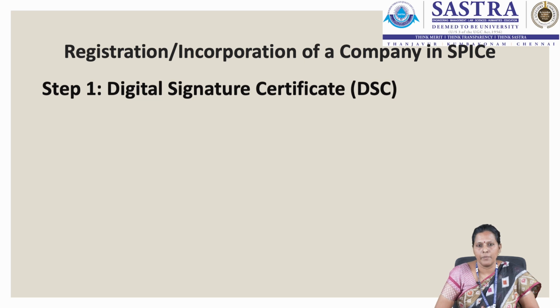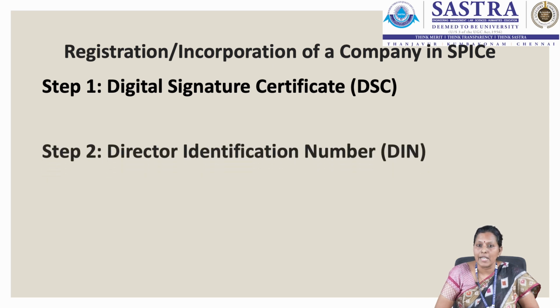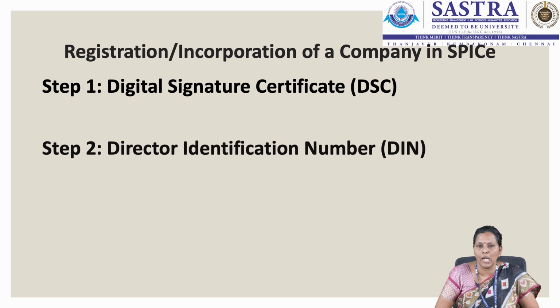And the subscribers to the memorandum of association, the directors, promoters and the witnesses should have class 3 category of digital signature certificate. And once they log in to the portal, the directors are supposed to have the identification number, and the director identification number can also be applied for through the same portal.